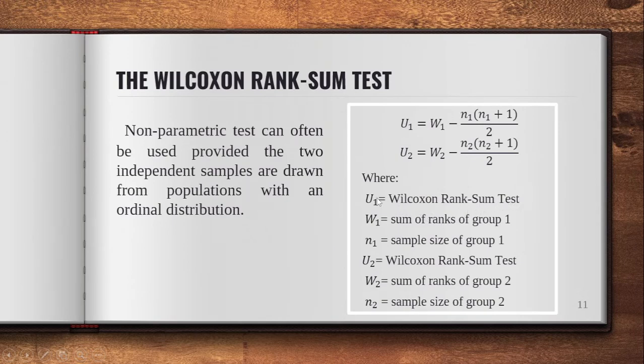The same po siya sa U sub 2, Wilcoxon Rank-sum test. In W sub 1, sum of ranks of group 1, the N sub 1, sample size of group 1. And W sub 2, sum of ranks of group 2. The N sub 2, we have sample size of group 2.